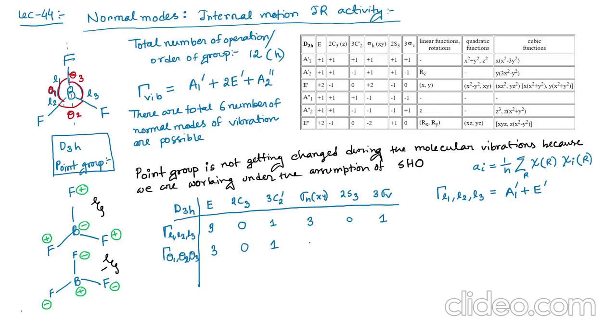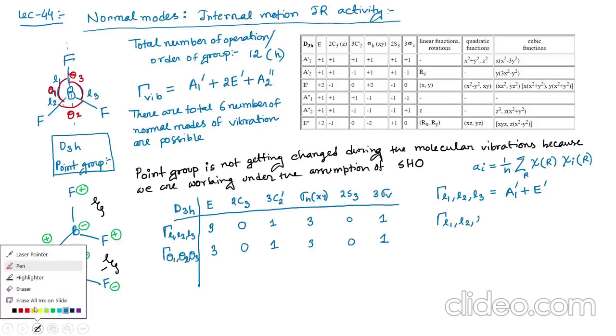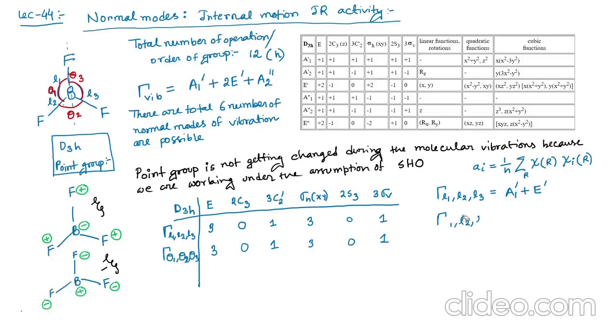What about sigma h? All of them are going to be the same for S3 also, and if you consider the molecular plane, the character is also going to be the same, and due to that you are going to get theta 1, theta 2, theta 3.